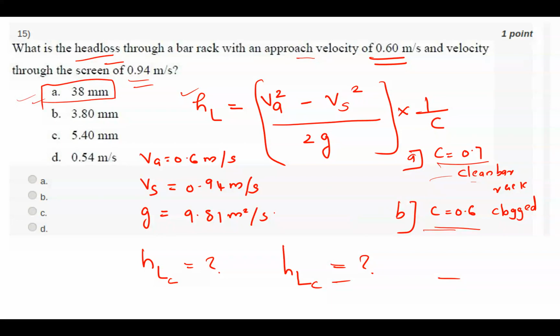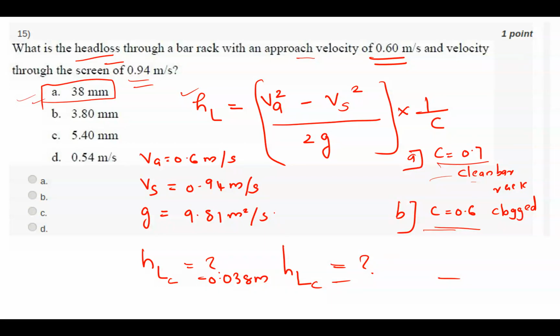See, I will calculate at the clean bar. If it's 0.7, then I'm getting minus 0.3038 meter head loss. That's why this minus came.